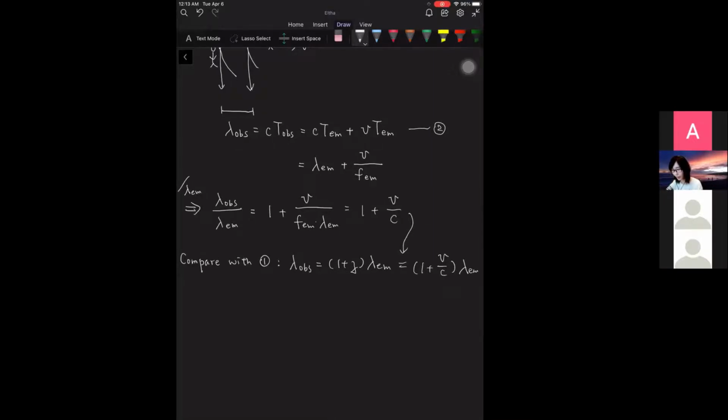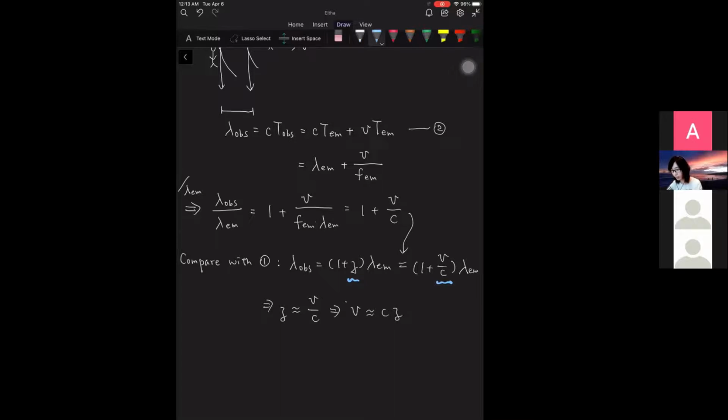So now we have the relation between z and the velocity, right? Here you can see they are in the same form. So we can have z is approximately v over c, or v is c times z.